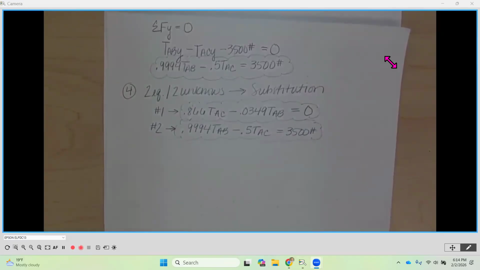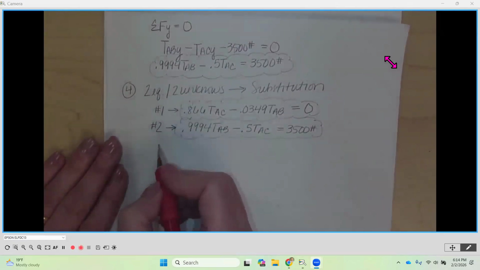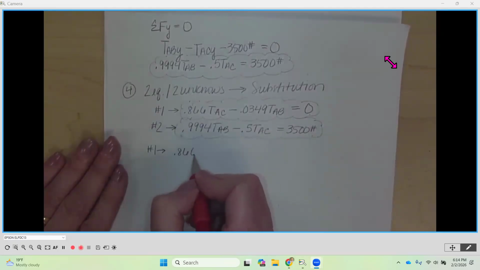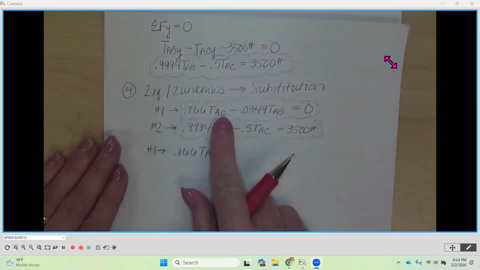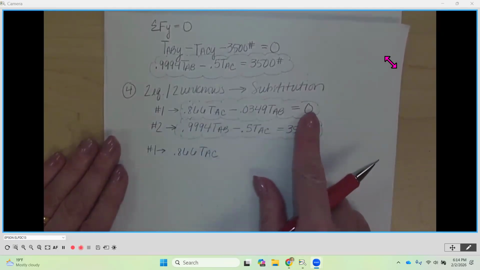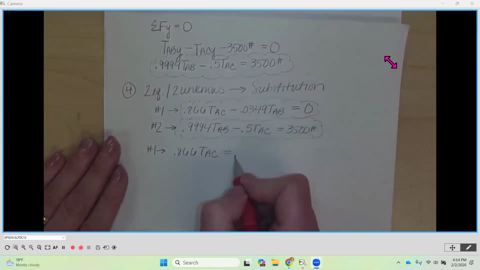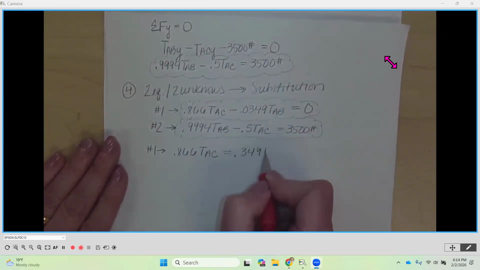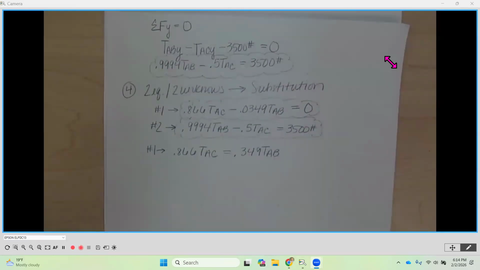So I'm going to go with number 1 is where I'm going to start the substitution. So using equation number 1, 0.866 TAC, I'm going to push the TAB to the other side right away, is equal to 0.0349 TAB, to eliminate that 0.